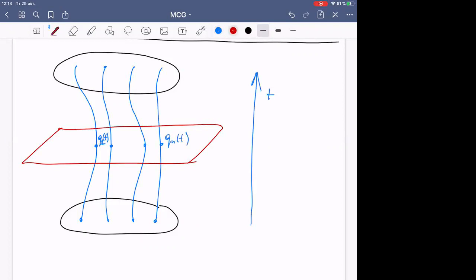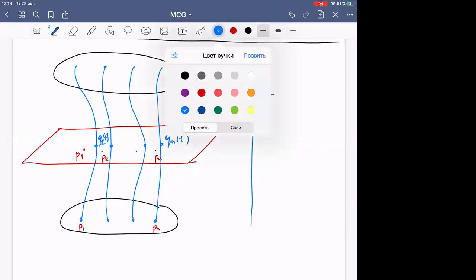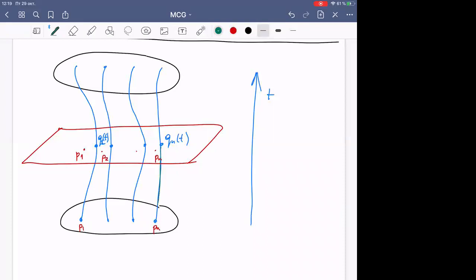But we have also these original points P1, P2, Pn, and they are also somewhere here. Now, these parts of the braid, which are below our level, provide us canonical paths from each Pk to Qk of t.